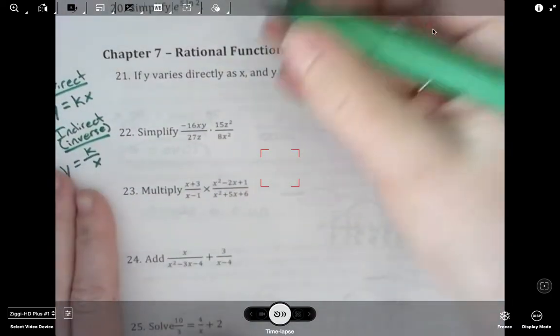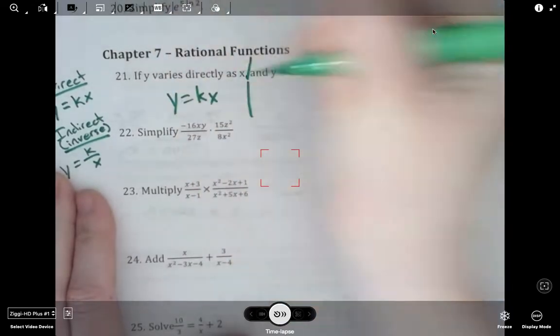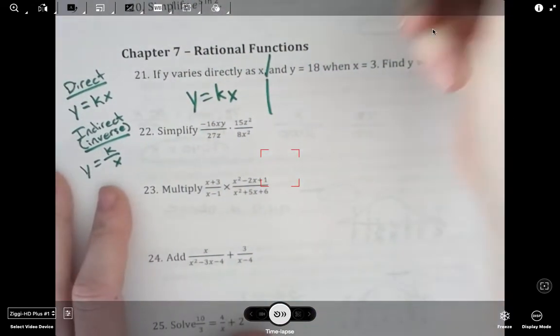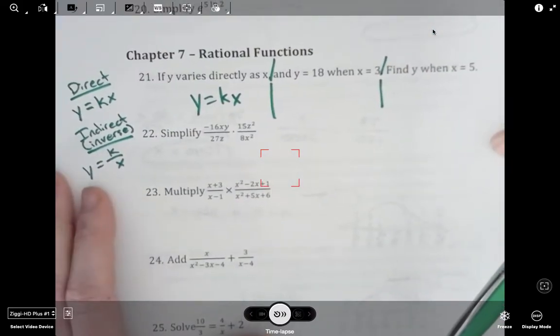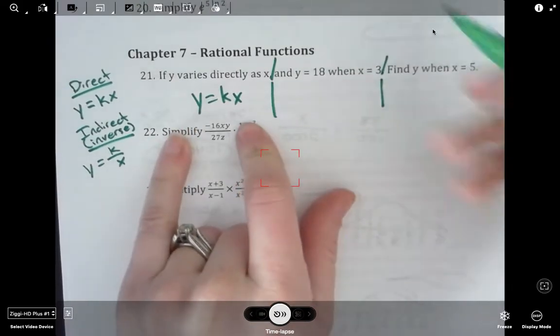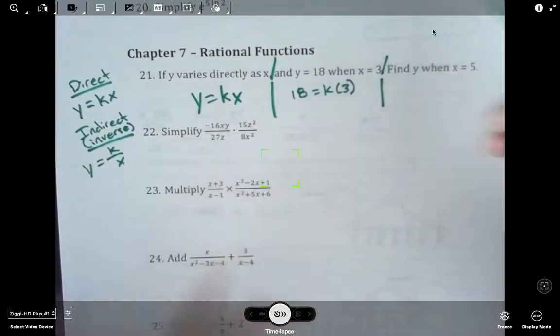So Y varies directly as X. Stop there. That means we're looking at Y equals KX. Then it says Y equals 18 when X is 3. If Y equals 18 when X equals 3, I'm going to plug stuff into this equation. Y is 18. X is 3. So what's K? 6.